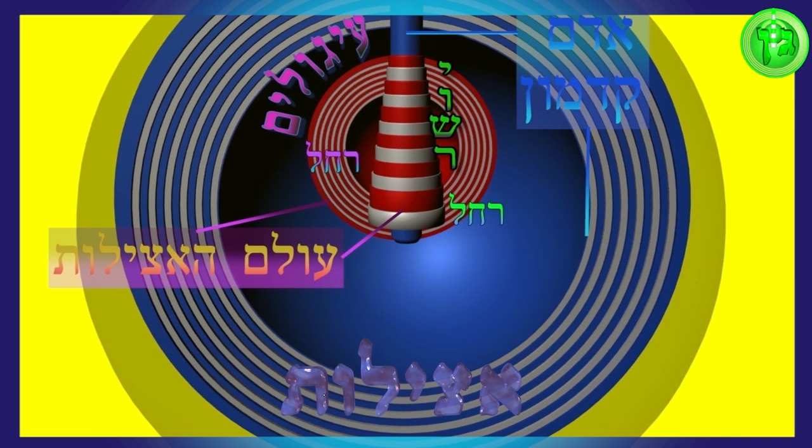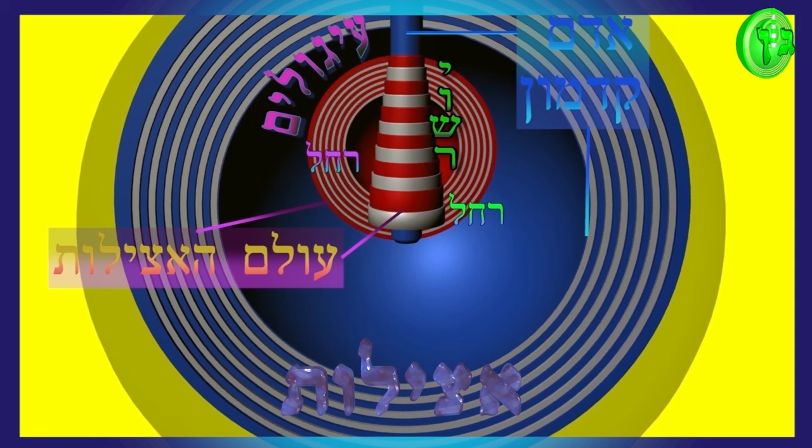However, when we switch our focus to the linear Yosher aspect of the worlds, we actually find the exact opposite phenomenon. As we see, all of the linear Yosher Partzuphim of Olam Ha-Atzilut in the color red are situated outside of the linear Yosher aspect of Adam Kadmon in the color blue.